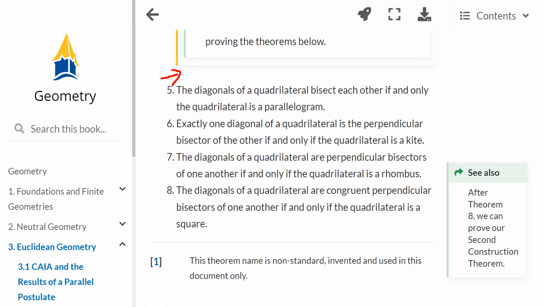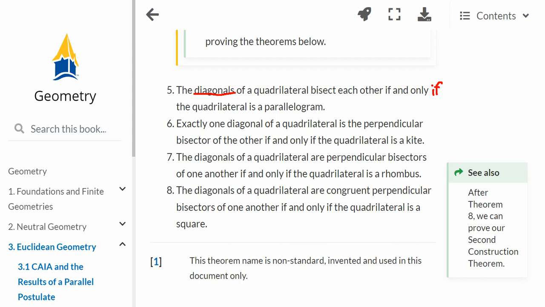Okay, and I also want to point these guys out. They're important. So all of the quadrilaterals, rectangles, rhombi, parallelograms, kites, they all can be defined in terms of their diagonals. Okay? So the diagonals of a quadrilateral bisect each other if and only if the quadrilateral is a parallelogram. And sorry, there should be an if here. I apologize. If and only if.